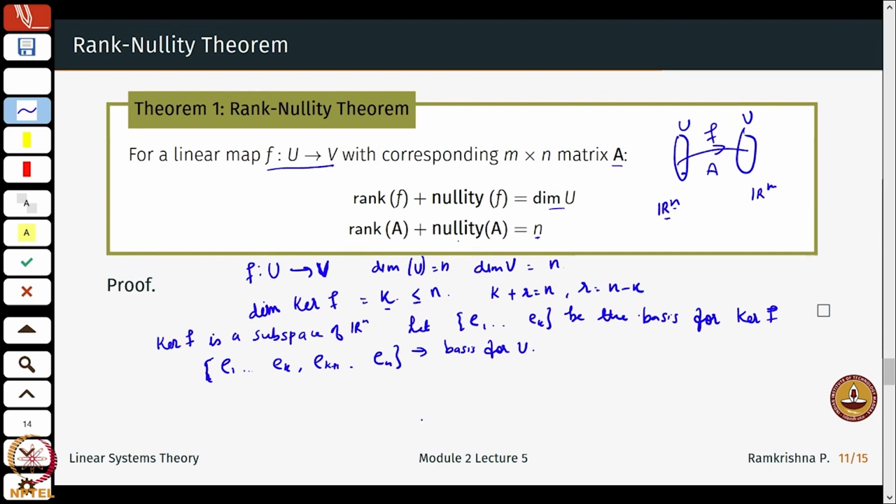Now, what is to be proven here is, if this is the basis for the kernel, that the remaining is a basis for the image of f, right.